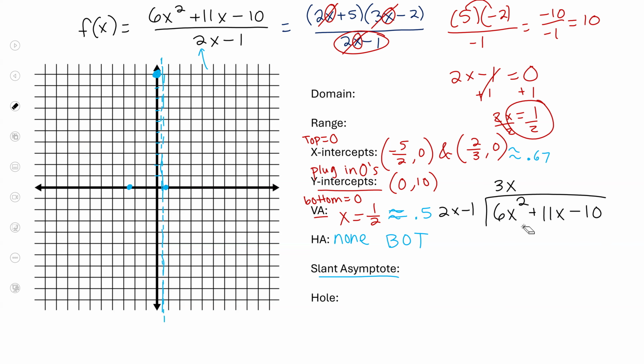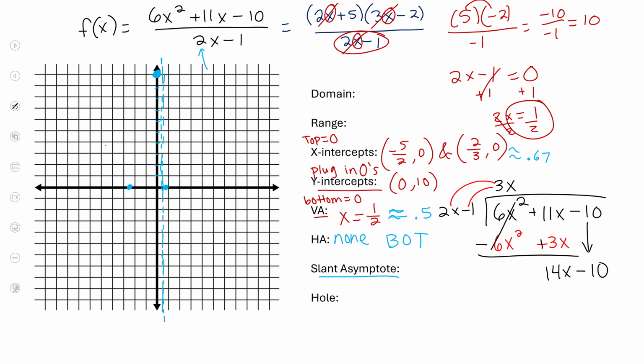Okay, now we're going to multiply. 2x times 3x is 6x squared. Negative 1 times 3 is negative 3x. After this step, you are going to change the signs. That cancels. 11 plus 3 is 14x. You're going to bring down the next item.